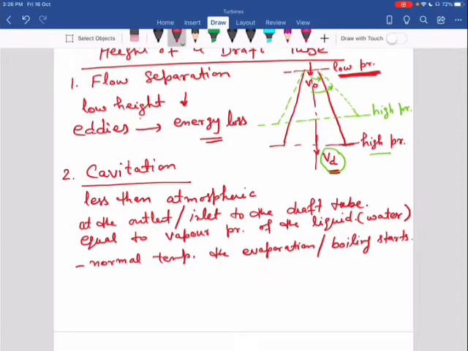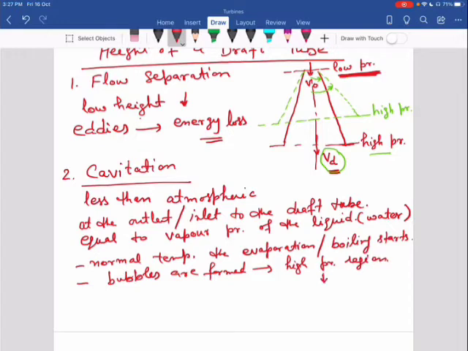Now, when these bubbles reach some region of increased pressure, at that very position, these bubbles collapse. Okay. So the bubbles are formed and move to high pressure region.